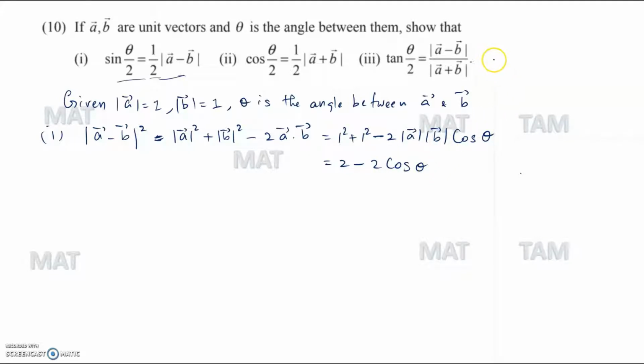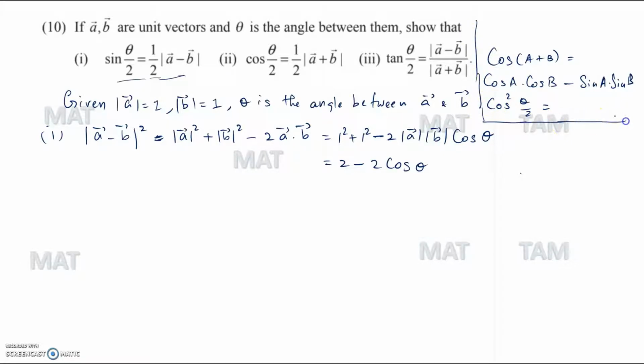We know that cos of A plus B is equal to cos A cos B minus sin A sin B. So since our theta can be made as theta by 2 plus theta by 2, this is just our rough working here: cos 2 times theta by 2 is equal to cos squared theta by 2 minus sin squared theta by 2.